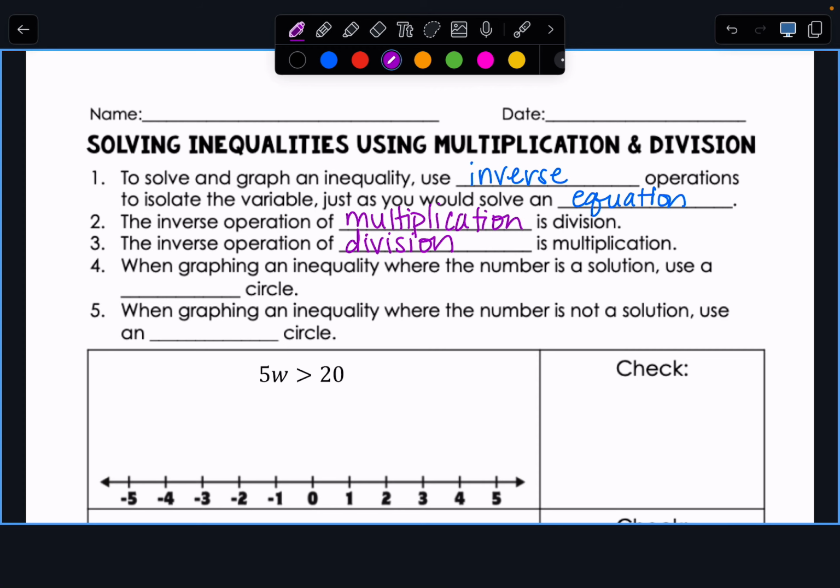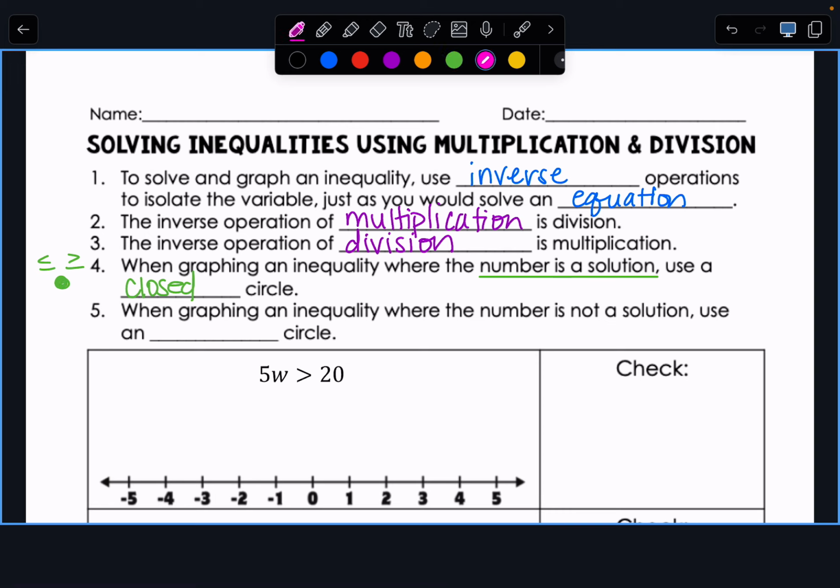Okay. Reminder, if the number is a solution, do we color in our circle? Yes or no? If we have what we call a closed circle, we color in our circle.